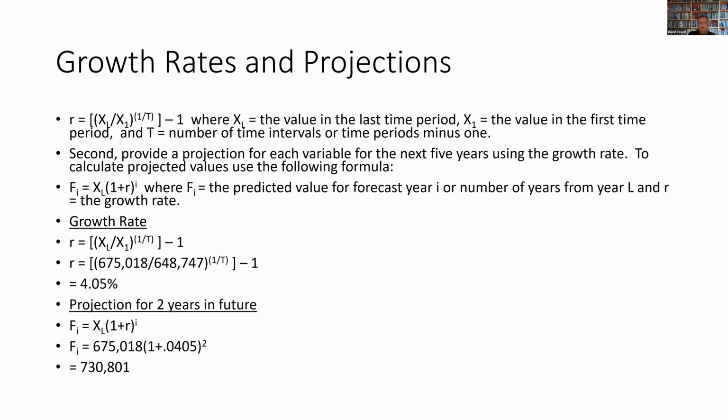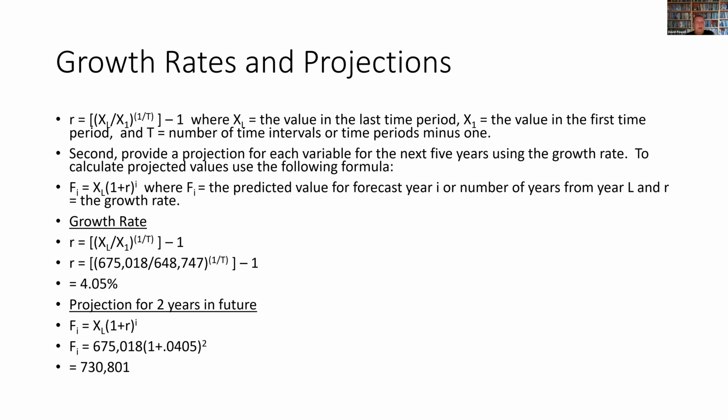So you see in the example in your growth rate, you've got your formula there. R equals XL divided by X1 raised to the 1 divided by T power, whole thing subtracted from 1. So let's say, for example, the amount of revenue in the last year of data we have was $675,018. In the year before that, it was $648,747.